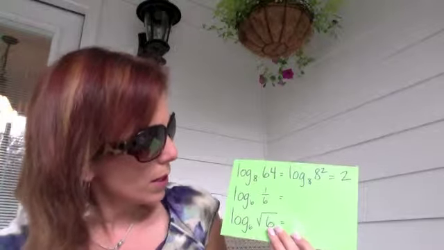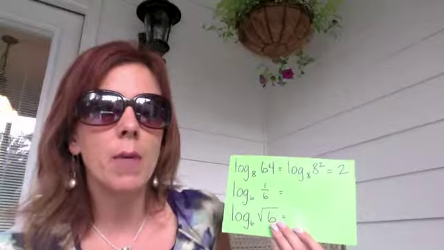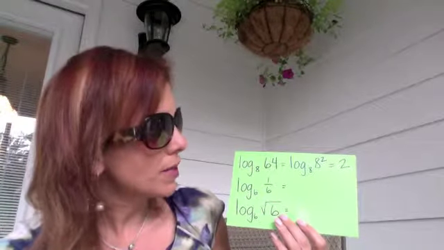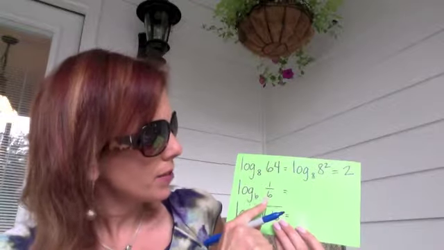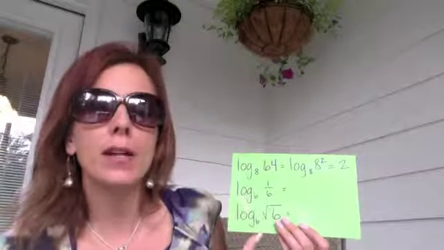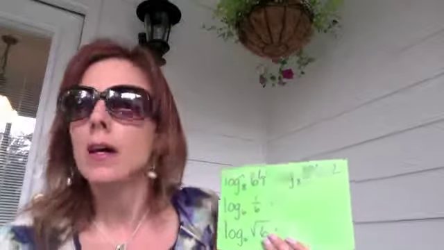Let's look at log base 6 of 1 over 6. Now that's where one of those properties of exponents comes in. If it was a fraction, that was a negative exponent, right? So this is the same as log base 6 of 6 to the negative 1.